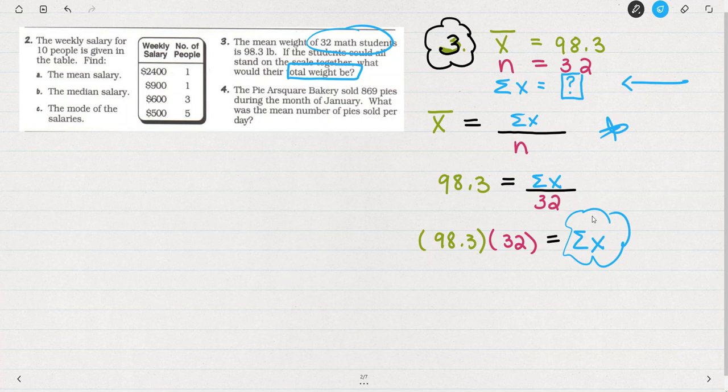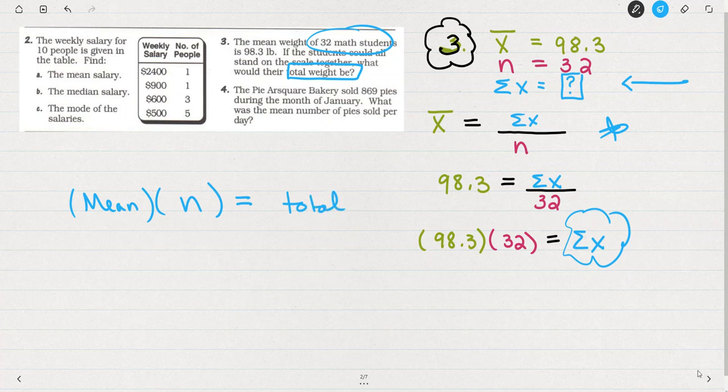So in other words, if we have the mean and we know how many pieces of data there are, then multiplying the mean, in this case 98.3, times n, in this case 32, would give us the total.